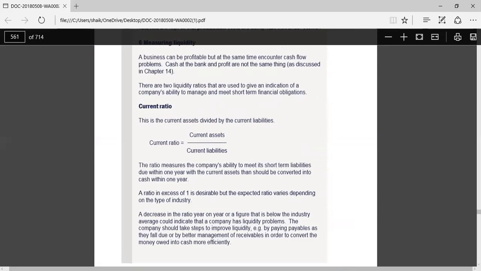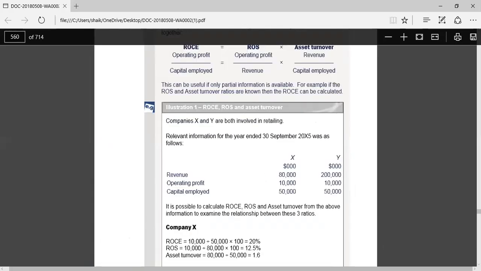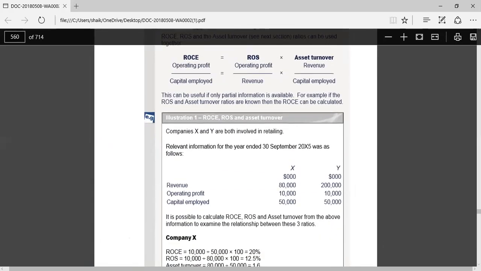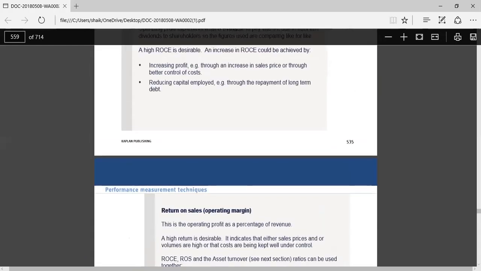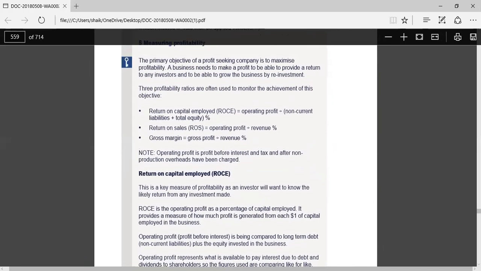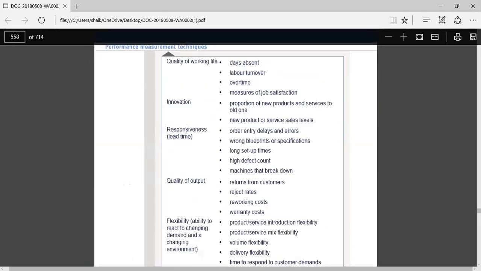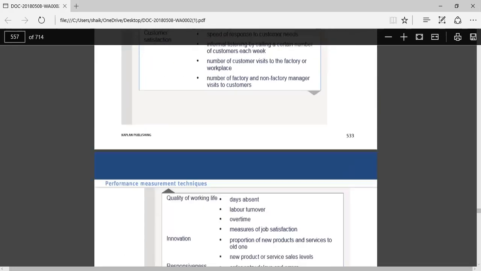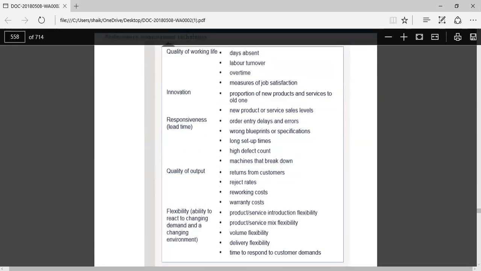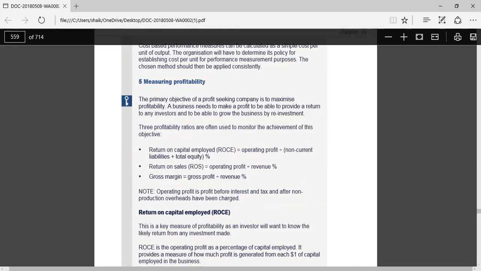Let me find out what other values I should give in order to find each and every ratio that we have studied up till now. Okay, so I need the value of operating profit. I need the value of capital employed, which we can calculate by using a formula of adding up. I need to calculate the return on capital employed, and for that there should be the value of operating profit.